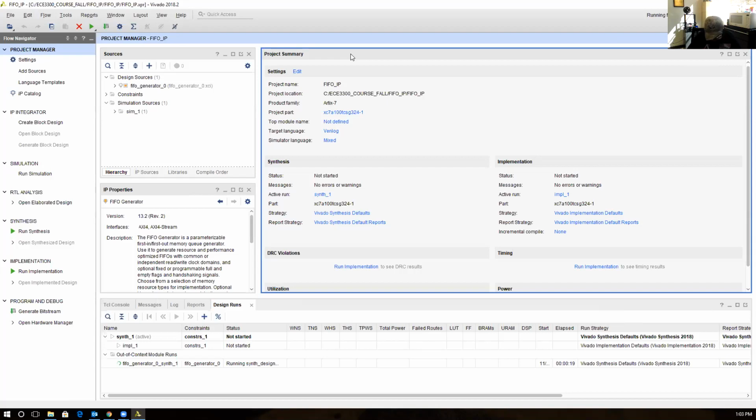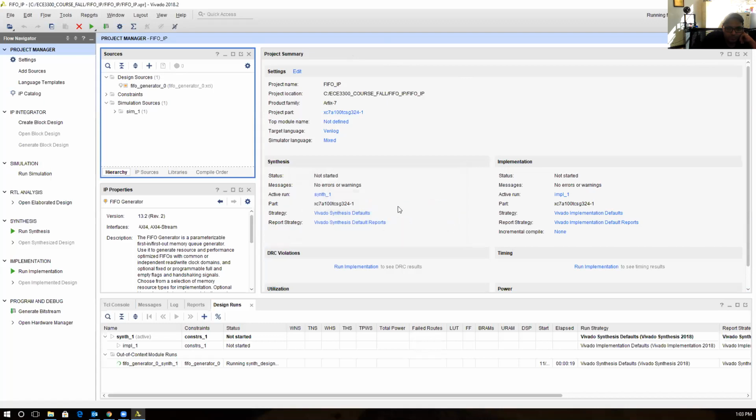It takes some time. Sorry about that. You see that this greenish thing is running?